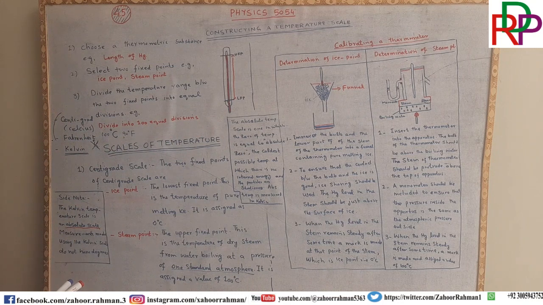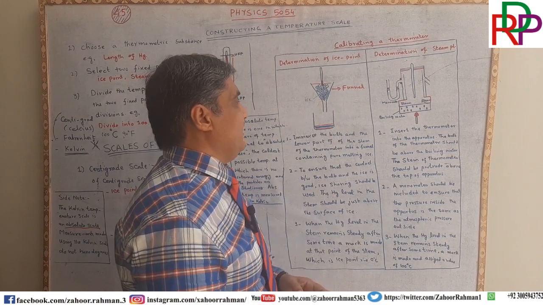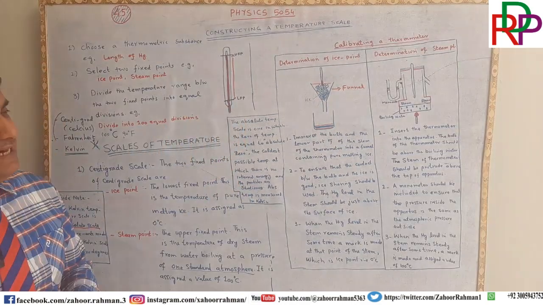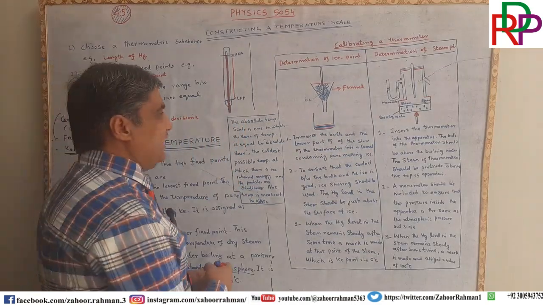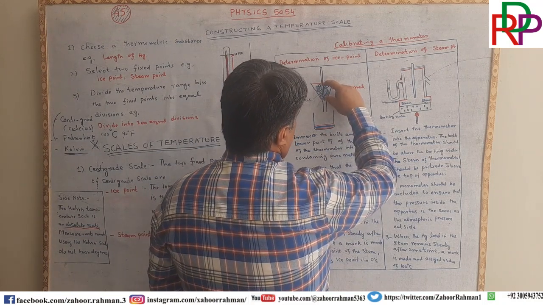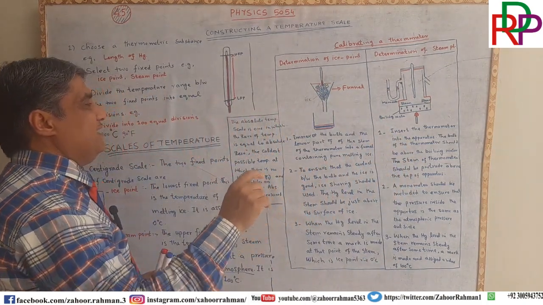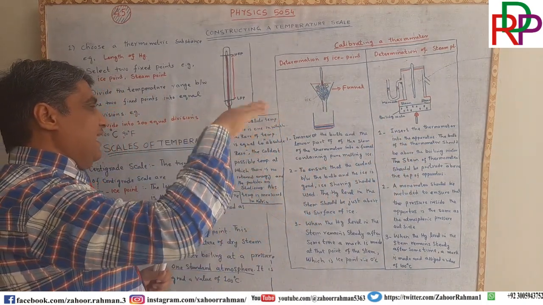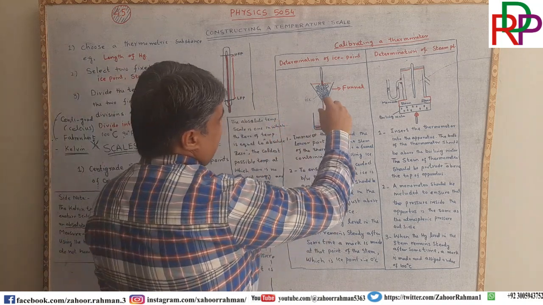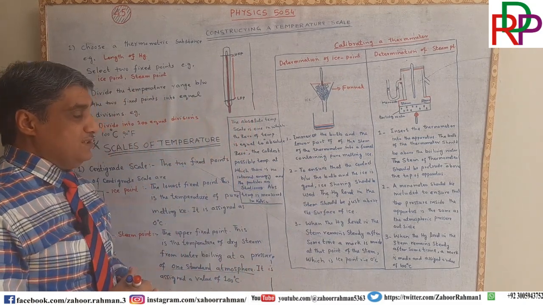If it is already in the down portion, it will not go down further, and as a result you won't be able to get the precise answer. So for that particular purpose, make sure that the mercury level is above the ice. When it is cooling down, it will come down.